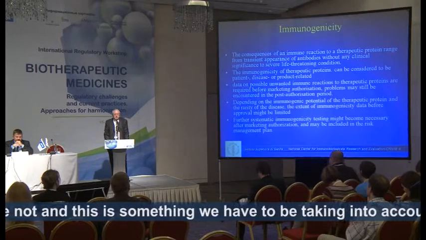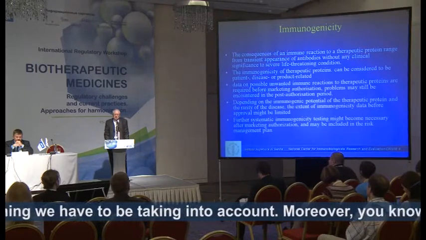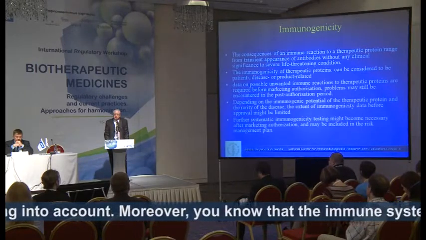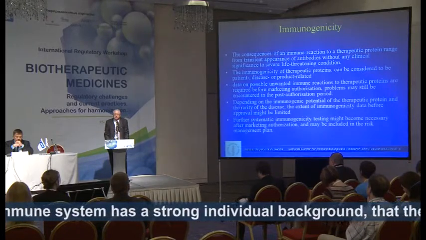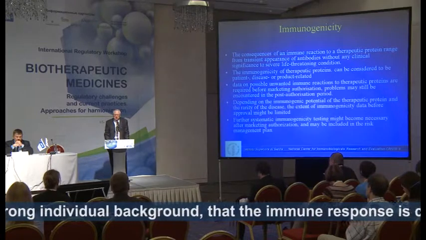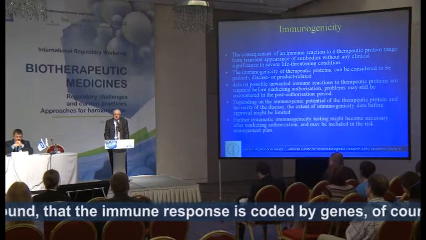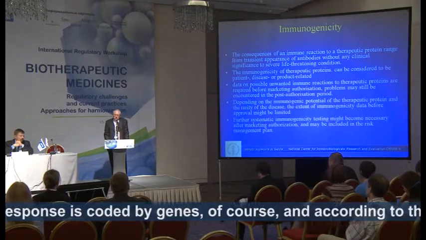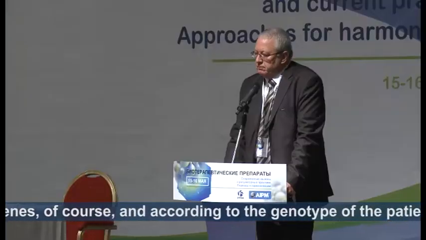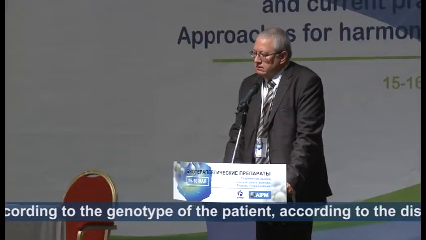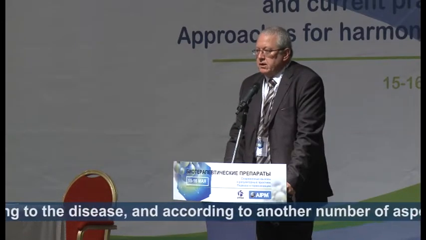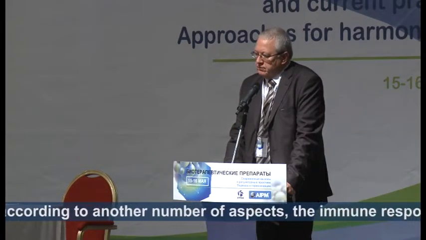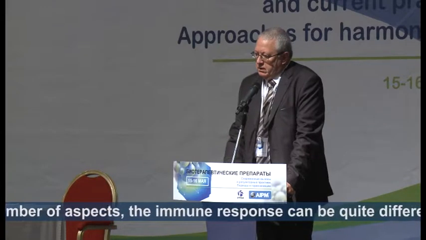Moreover, you know that the immune system has a strong individual background. The immune response is coded by genes, of course, and according to the genotype of the patient, according to the disease, and according to a number of other aspects, the immune response can be quite different from case to case.